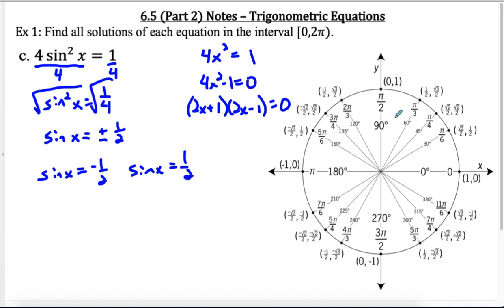I'm looking for any values on the unit circle where sine is negative 1/2, so the y value of negative 1/2 shows up here and here. That would be 7 pi over 6 and 11 pi over 6.